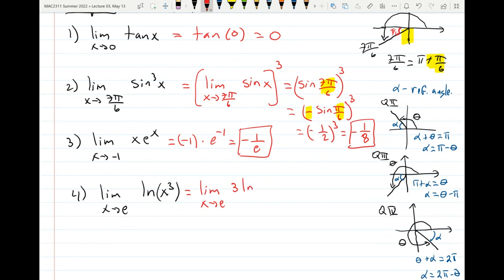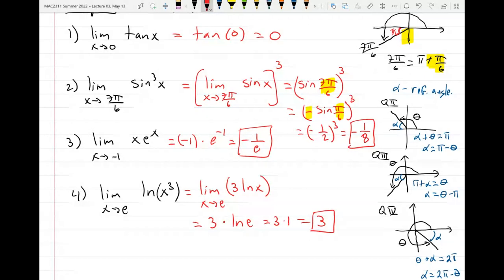So that's the same thing as 3 times ln of x. And now we can use the property of limits that we can take constants out. So we take the 3 out, times the limit of ln x as x approaches e, that's just ln of e. But ln of e is equal to 1, so that's 3 times 1, which is 3. Okay?